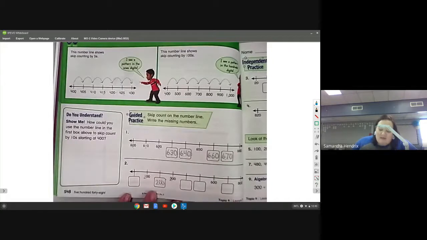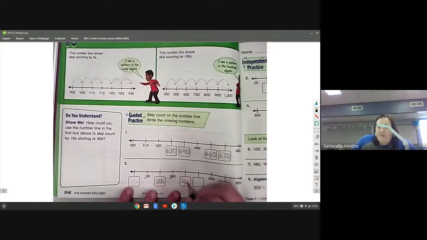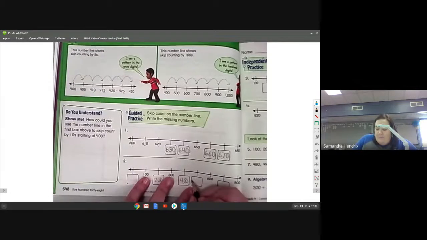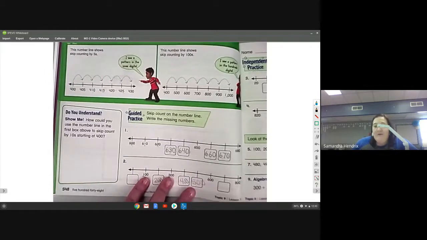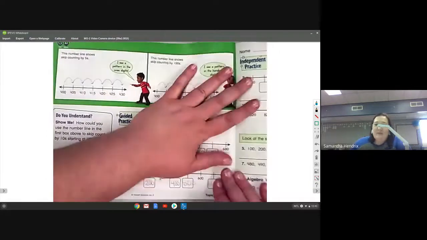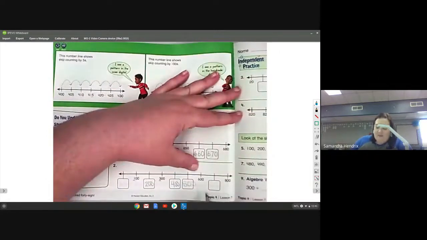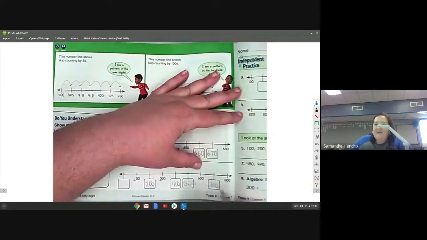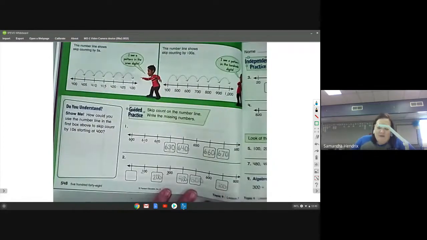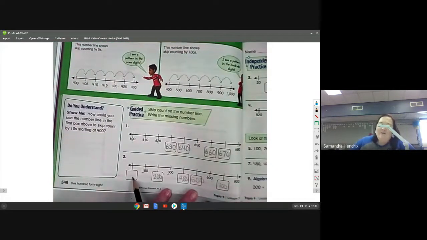So that means our hundreds are going up by 1. So 100, 200, 300, 400, 500. Remember, you can pause anytime you need to. 600, 700, 800. What about this blank down here?